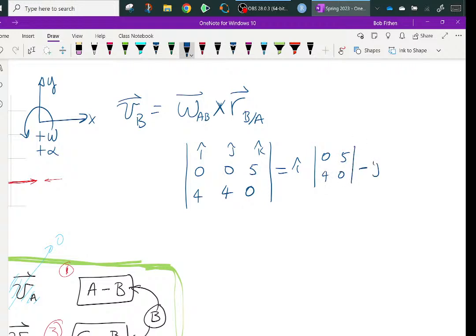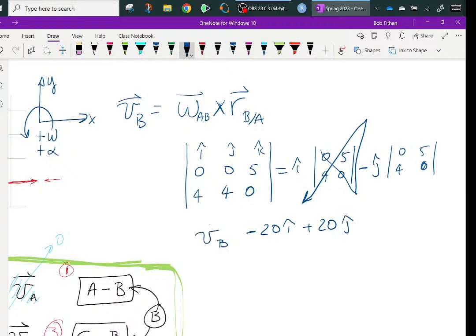And I'm going to have a J component, which looks the same, because this and that are the same thing: 0, 4, 5, 0. And so what I'm going to get is that times that minus that times that. So I get a minus 20I plus 20J, and that's going to be the velocity of B.